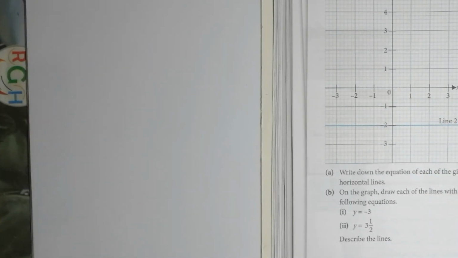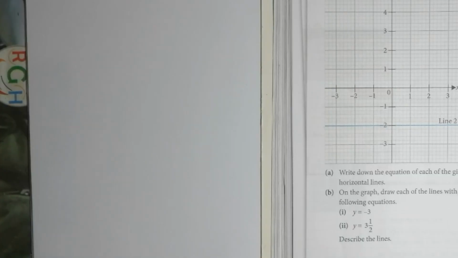If we see any point on line 1, it is parallel to the x-axis. So for any point, for example this point or this point, x is 0, y is 6.